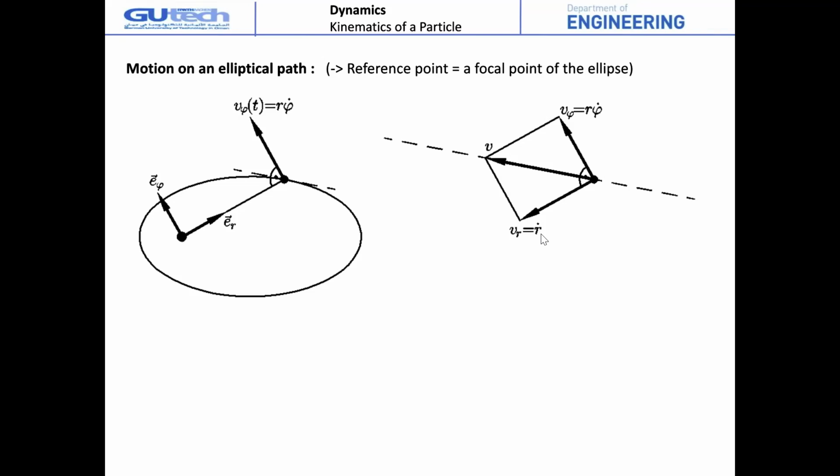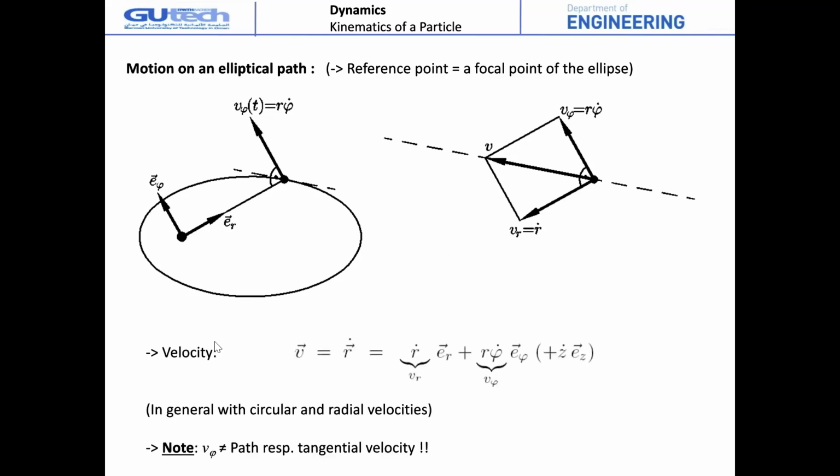This is the case of the orbital problem. The velocity is described by the radial component, the velocity along the radial direction, and the circular component along the phi direction.